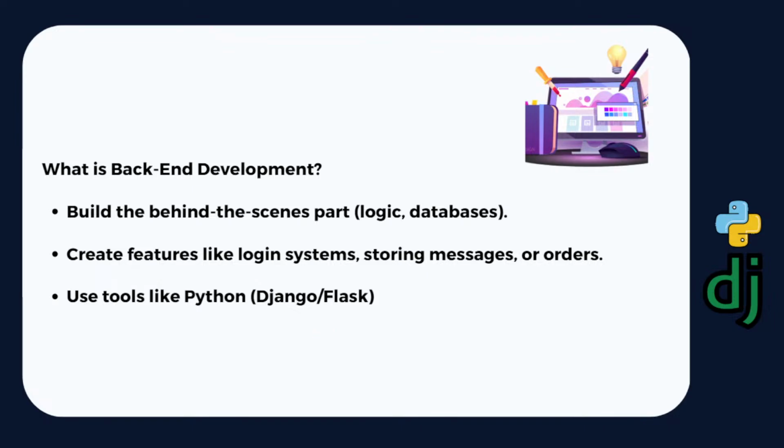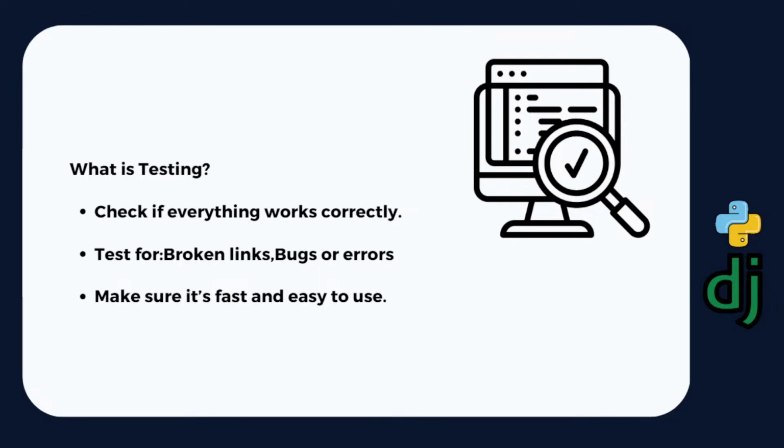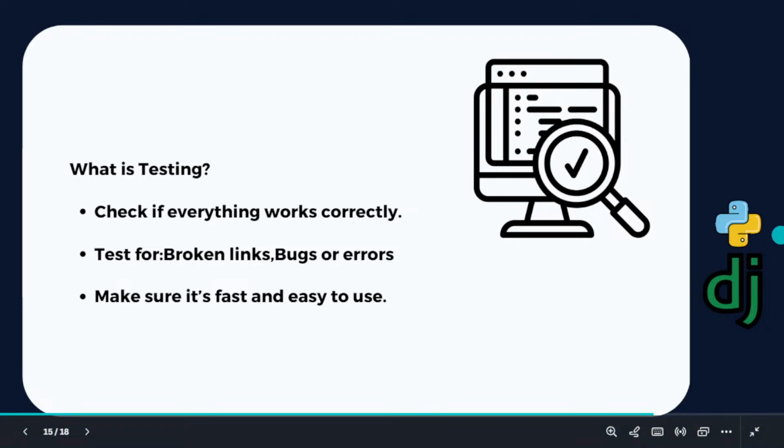This is the process we need to build in backend development, and after the backend is complete we need to go for a testing session. We just check that everything works properly, whether there is any bug or any error whenever we use this website, or any broken links, so we need to check by using the testing session.